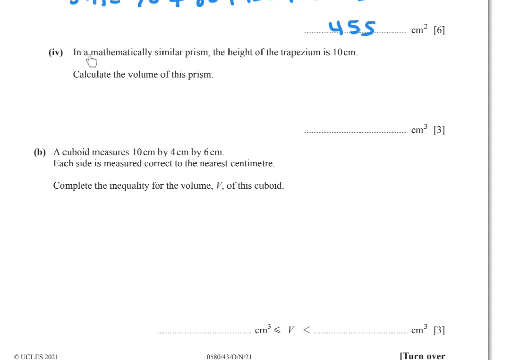Part IV: in a mathematically similar prism, the height of the trapezium is 10 centimeter. Calculate the volume of this prism. We know that V1 over V2 equals side 1 to the power 3 over side 2 to the power 3 for the two prisms if they are similar.